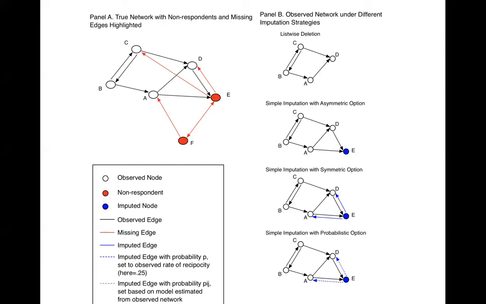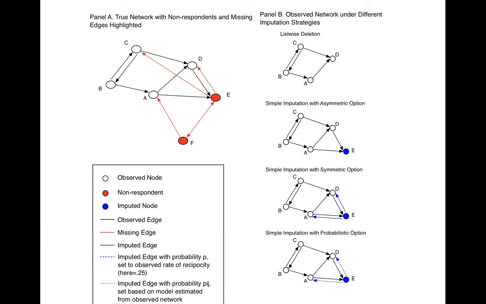And so the idea here is to begin with the observed network data, relying very heavily on that, and then doing very light imputation on edges that have a very high likelihood of existing. And there are three options for dealing with these high-likelihood ties. Basically, the question becomes, should we impute or add an edge going from non-respondents like E back to the respondents like A or D who nominated them? Those are the three options for how to impute those missing edges.